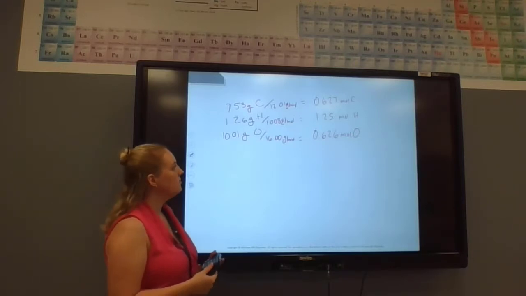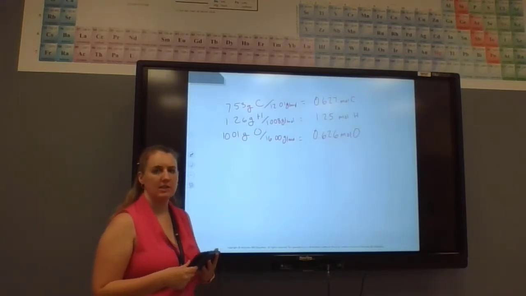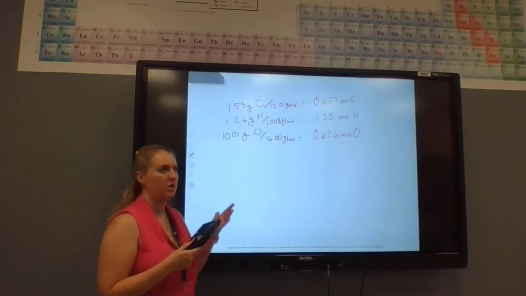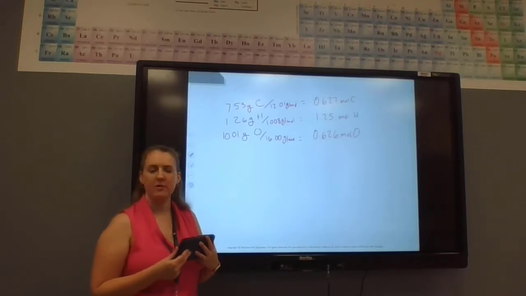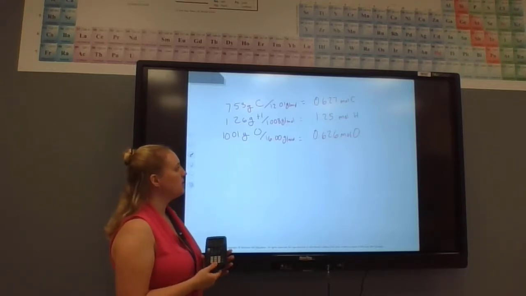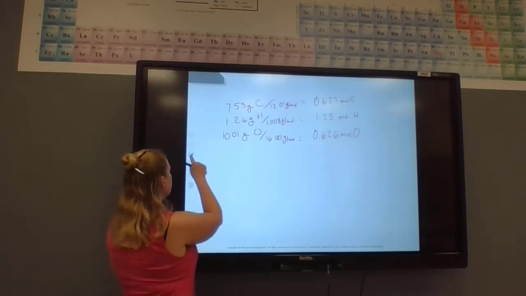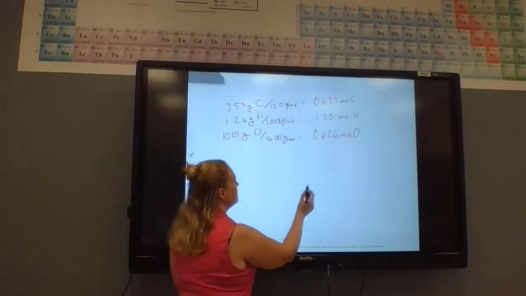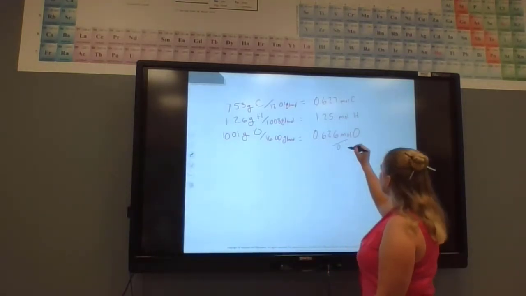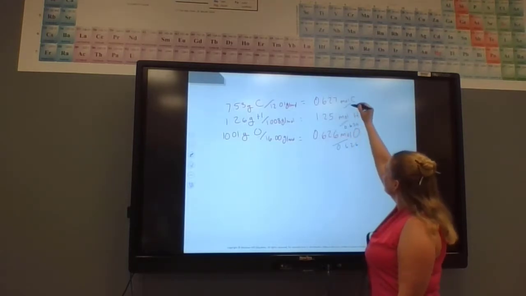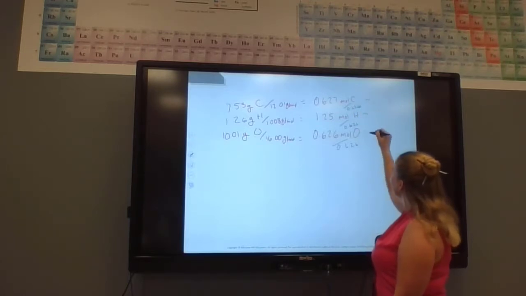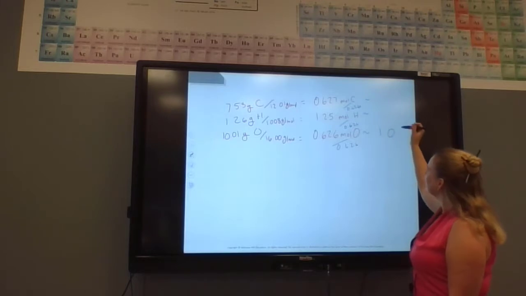What's the last step? Because these aren't whole numbers. Good. Divide by the smallest number. So out of these three, the smallest number is 0.626. So if I divide them each by that 0.626, approximately 1 oxygen, approximately how many carbons? 1.